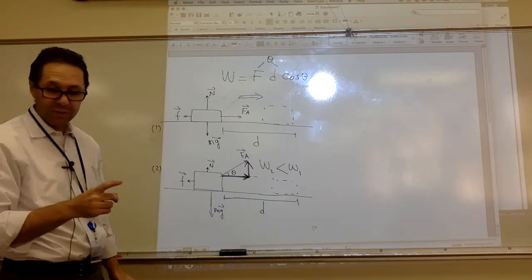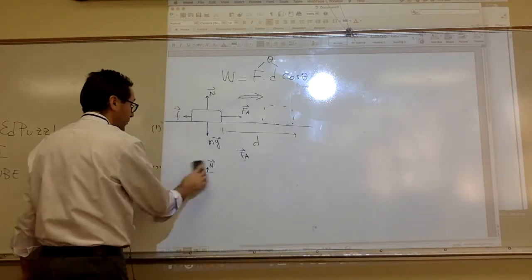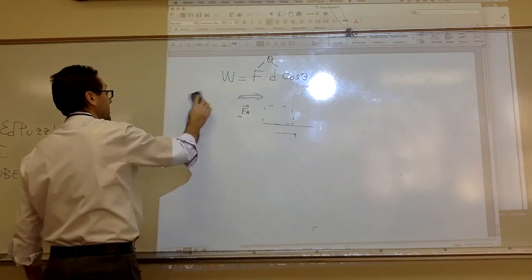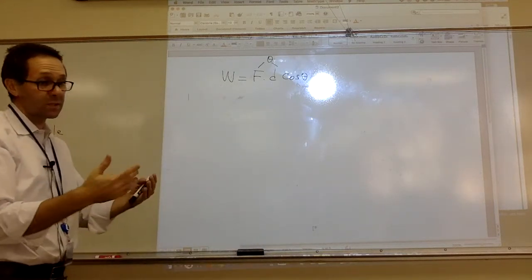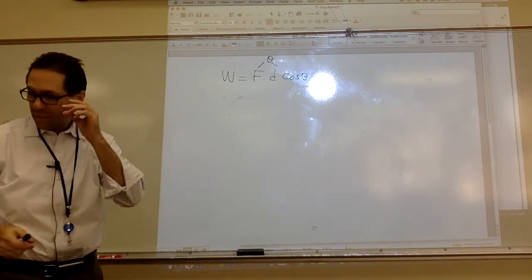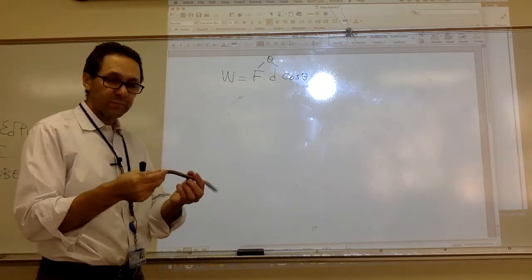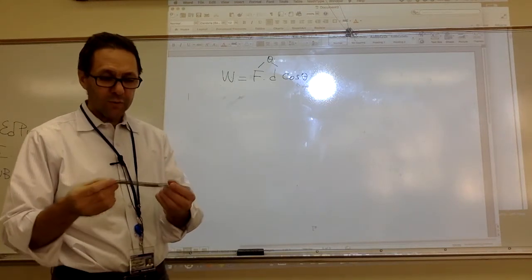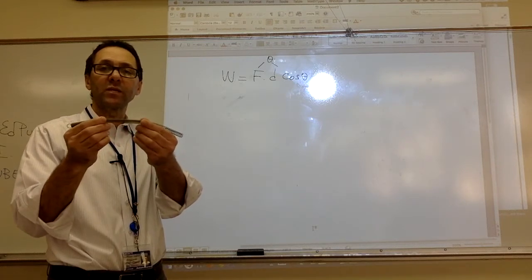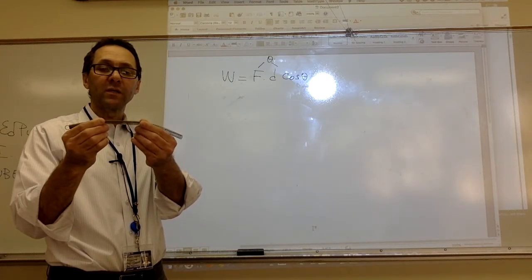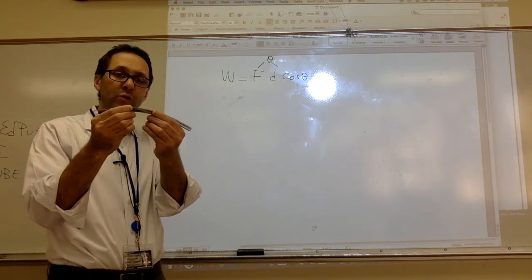Now, let's see what happens when we're dealing with the work done by some force that changes with displacement, right? So as the displacement increases, the force is no longer constant. And the example I'm going to use for that is a spring. And I'll let you play with this in class. It's like if you take a spring and you want to stretch it just a little bit, you're going to actually feel that the spring has a tendency to want to go back to where it started from.